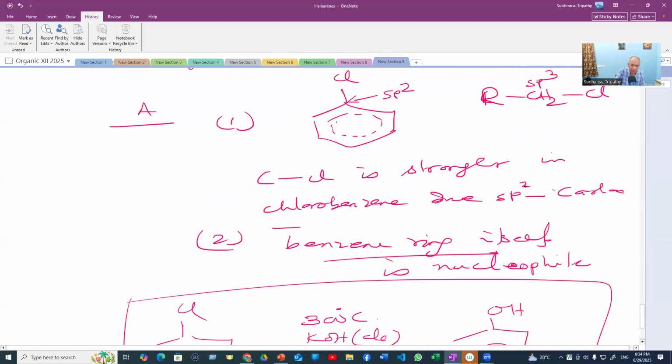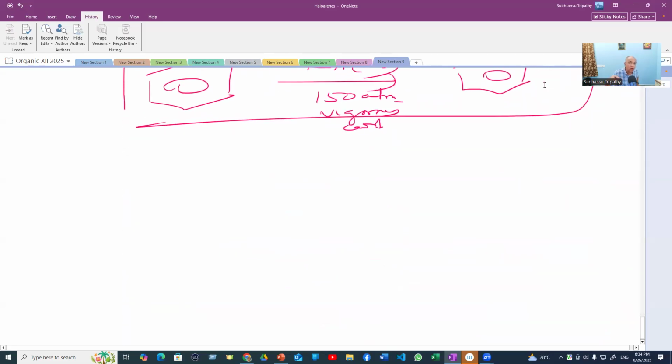You can write down, hence the leavability of Cl minus is poor because the bond is strong. Cl minus won't leave, and moreover the benzene ring has enough electron density to hate nucleophiles, which are also negative or electron rich. So now tell me what modification in the structure of chlorobenzene you will make only to visualize ARSN.